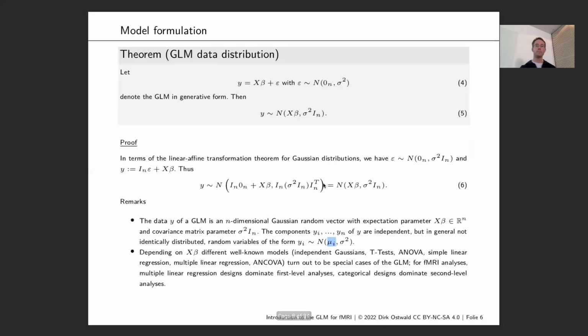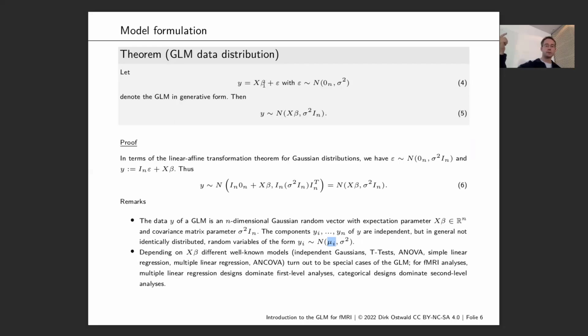There are p+1 parameters in a GLM. P, and by parameters I then mean individual numbers, so scalar numbers. Beta has p entries, so that depends. In the one sample t-test design, that was just a single number. In the simple linear regression, it was slope and offset.